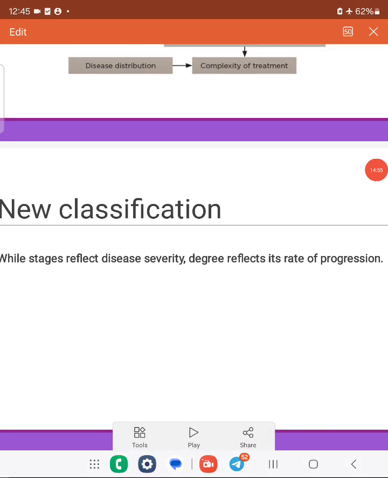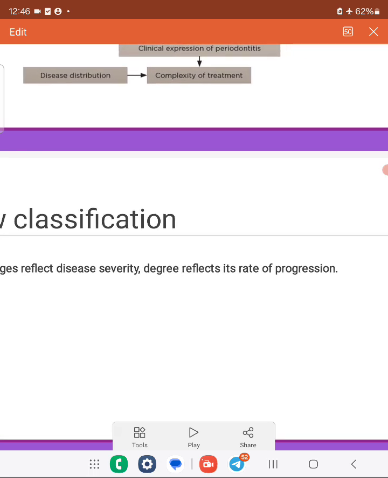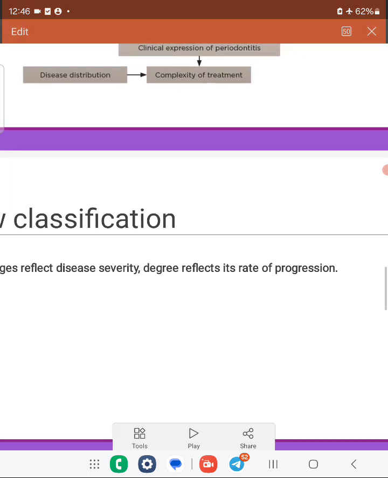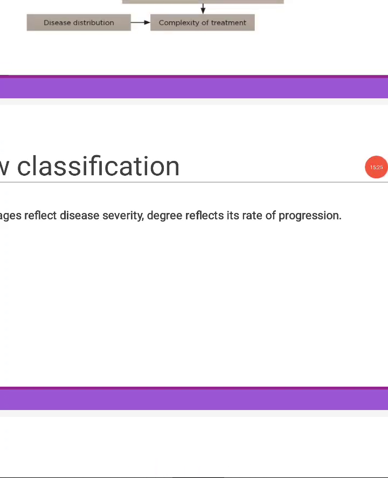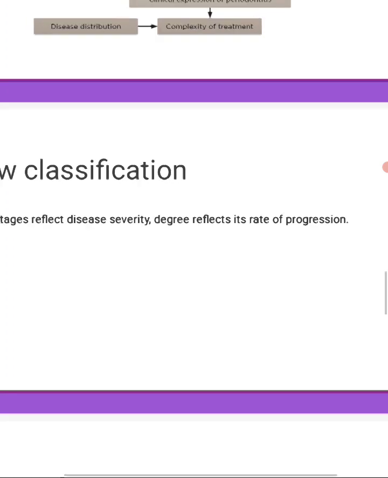Okay, so you will have a detailed lecture about the 2017 classification before you start with your patient, because prior to treating the patient, you need to diagnose. And now people are moving toward diagnosing the patient rather than treating. If you properly diagnose the patient, you can easily and properly manage the patient.